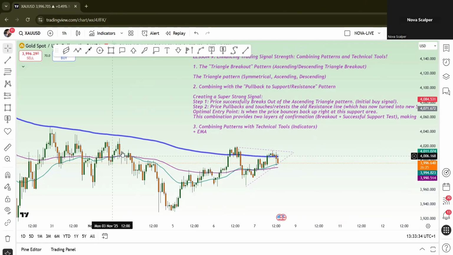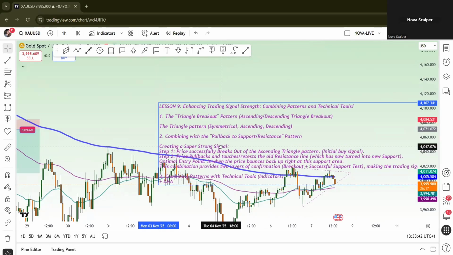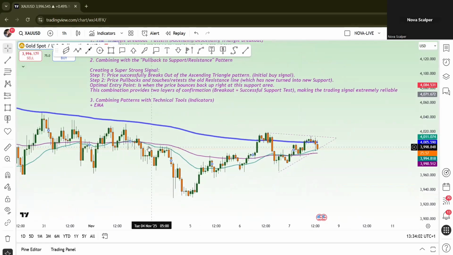Okay, for EMA, we can set up the signal by looking for the crossover. All right, we're looking for the crossover of the 2 EMA ribbons, at least 2 EMA ribbons. And this is the one.